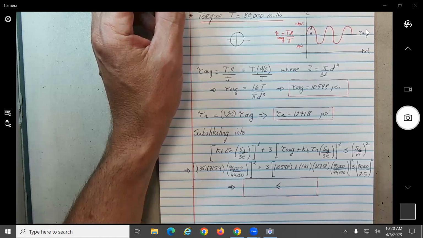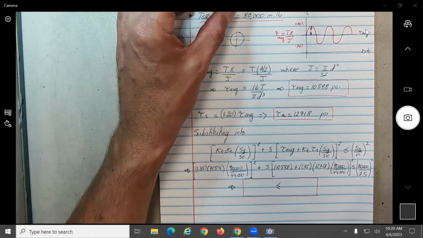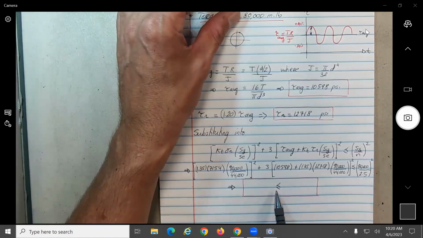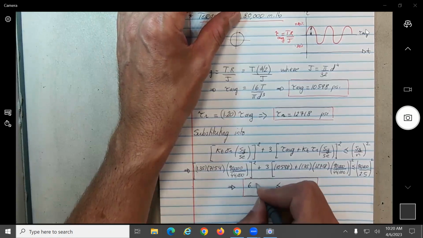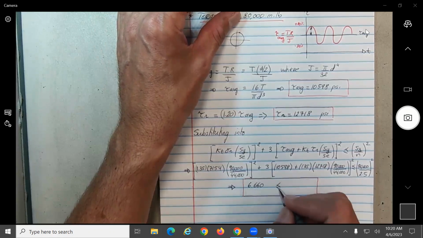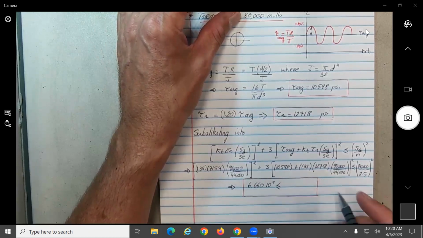The entire side, I got 30. For the right hand side or the left hand side? What did you find? 6.660. Okay. Right now you need to do the easy one, which is on the right hand side.